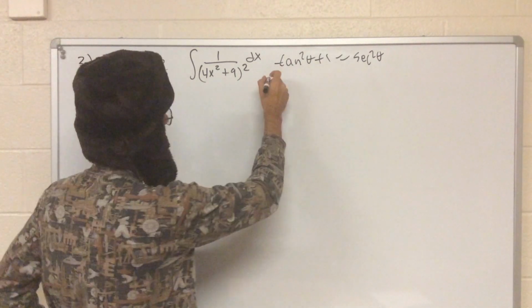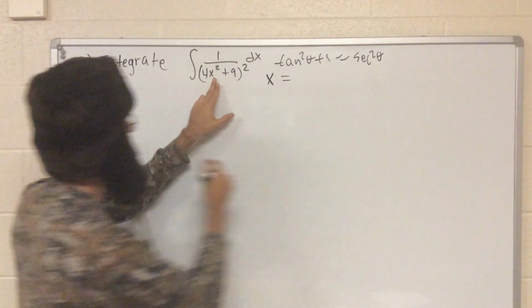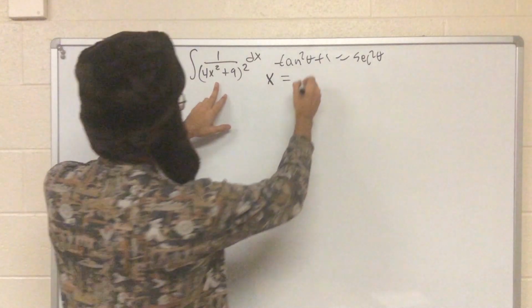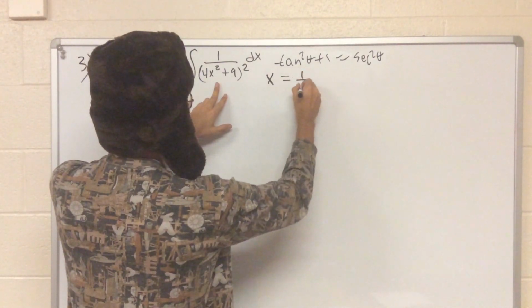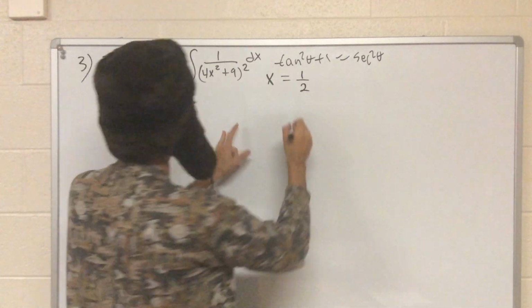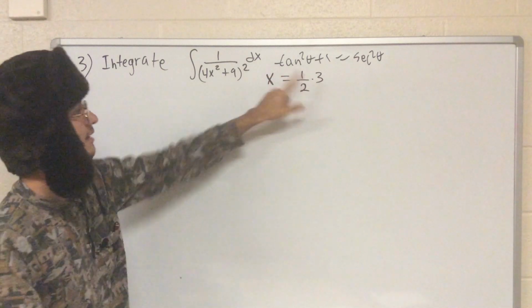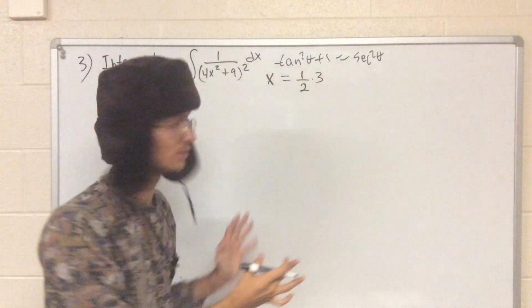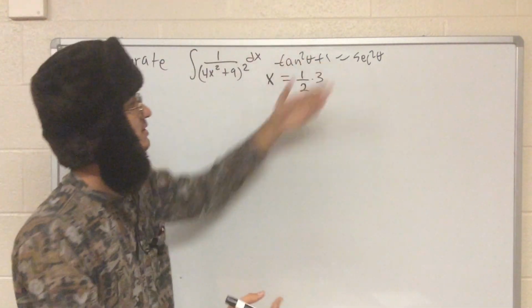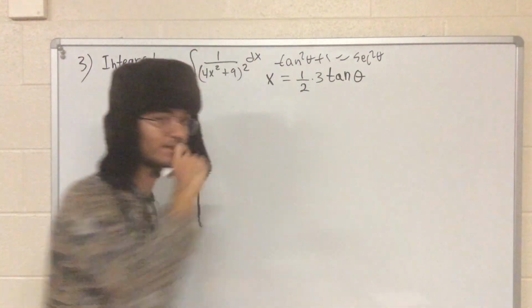So for example, we let x equal, suppose we want to get rid of the 4, so we want something that's the square root of 4, so 1/2, because when we square it, we get rid of the 4, and then multiply it by 3, because in that case we're going to have 9, and we can factor it out of this expression and use the identity, and of course multiply it by tangent of theta.